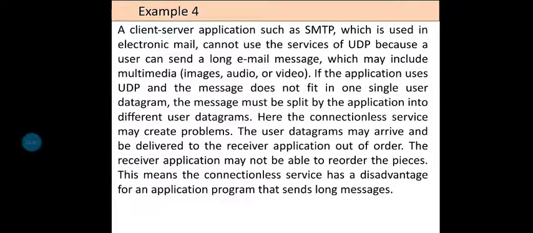When I am sending a single message in two packets, some may arrive in time, some may arrive with delay, and they may arrive out of order. When they arrive like that, UDP doesn't reorder them, and it will not forward them to the application, it will simply discard them. So this is the problem with longer messages.